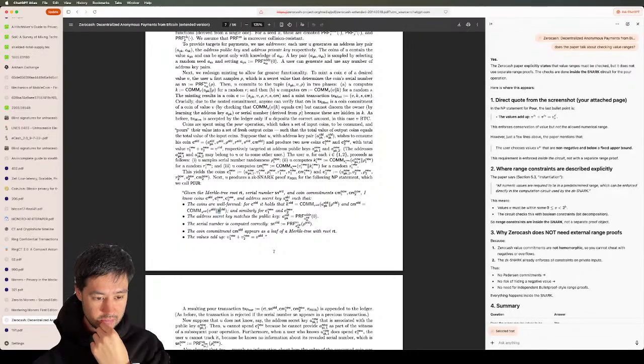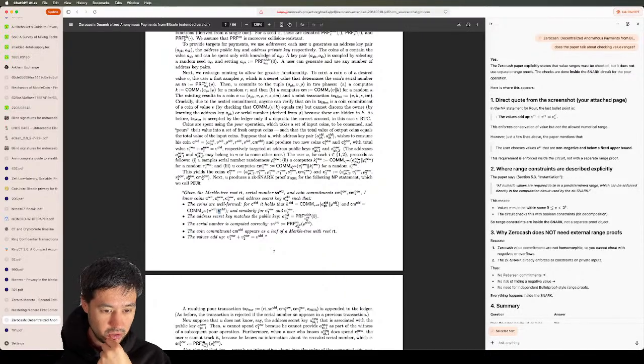So in K, I'm wondering why K is part of, is another commitment.